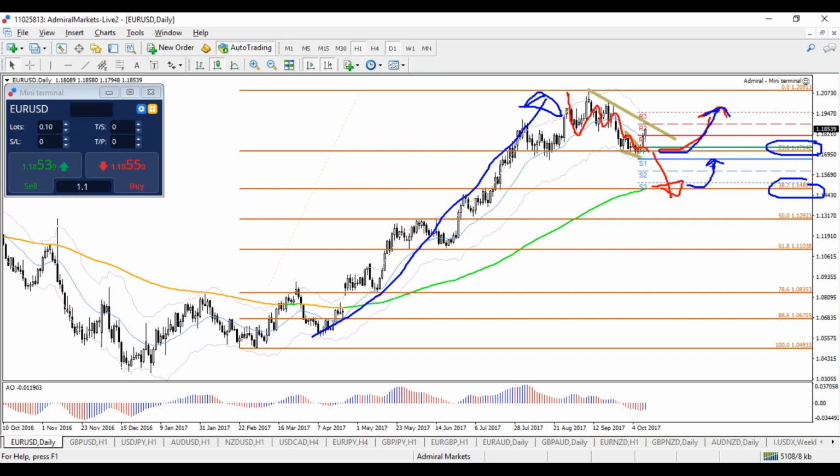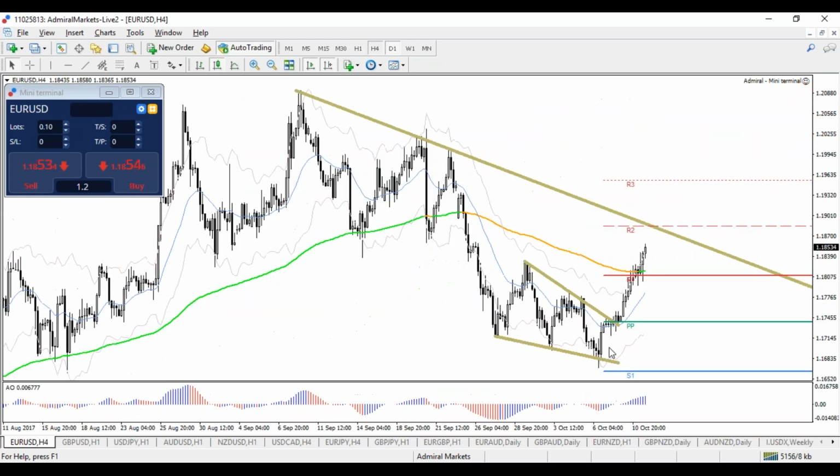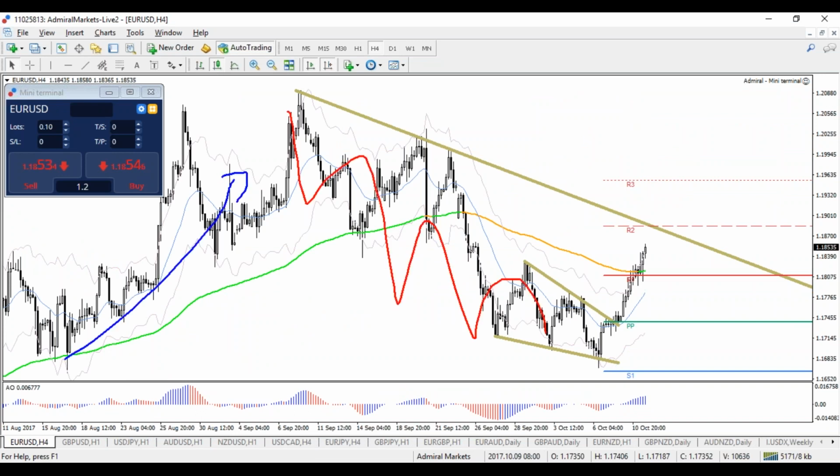So price bounced. But when it approached the 23.6 fib, it started to make a falling wedge pattern. Yet again, a pattern. Just as we had an impulsive pattern to the upside, we had a corrective pattern to the downside. At the tail end of that corrective pattern, we had a falling wedge chart pattern.